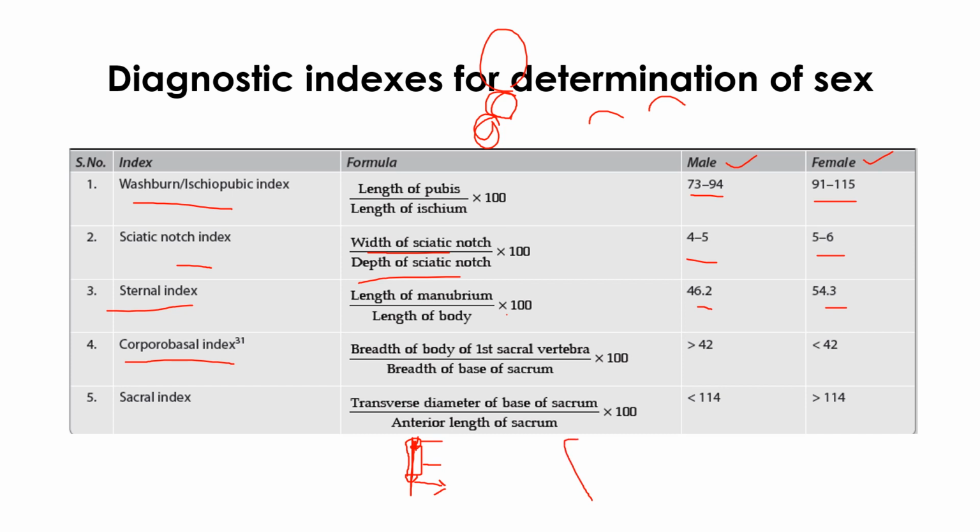The sacrum is divided into various parts; the first sacral part is taken and its breadth is measured, along with the breadth of the base of the sacrum. Both are divided and multiplied, and the values are less than 42 and more than 42 for the two sexes. Then we have the sacral index: the transverse diameter of the base of the sacrum and the anterior length of the sacrum are divided and multiplied, giving more or less 114 as the value.